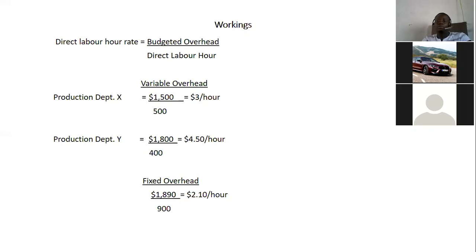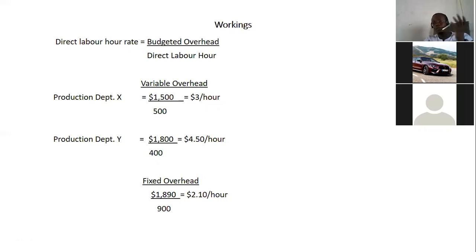Then the direct labor hours is 400. That's all they projected. So when we divide the cost by the hours, we get $4.50 per hour. So that's the rate per hour.